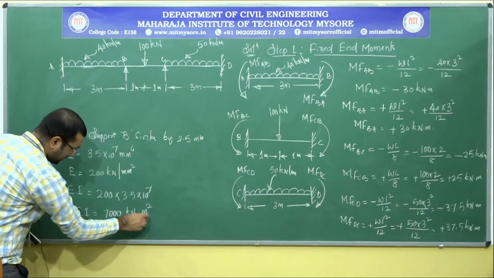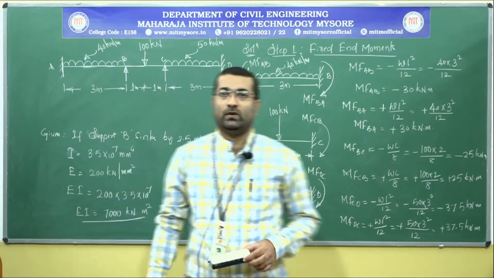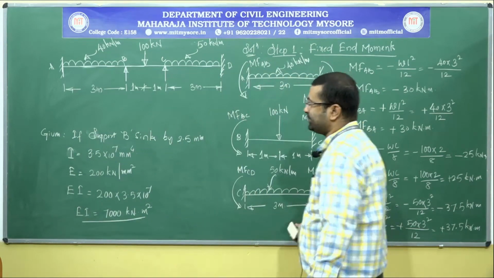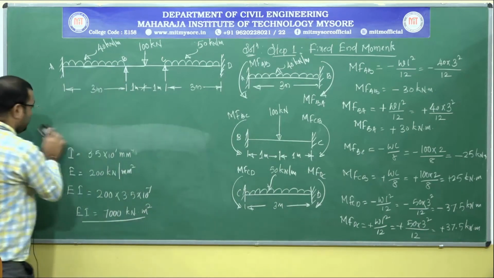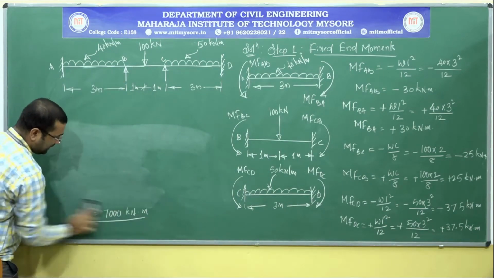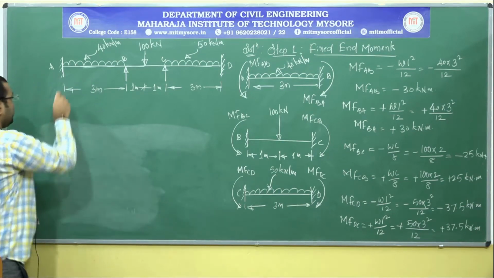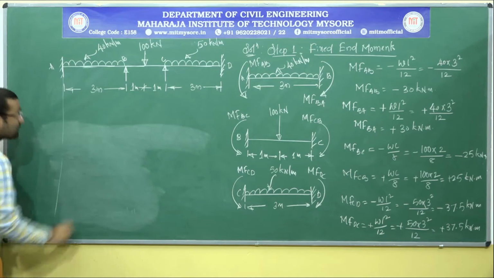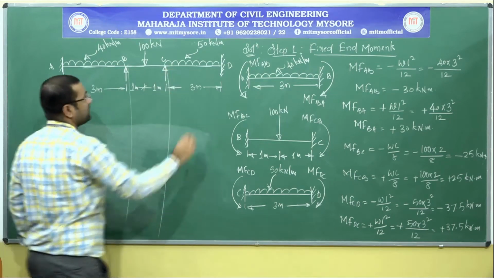Here we need to remember that the EI value is 7000 kilonewton meter square.